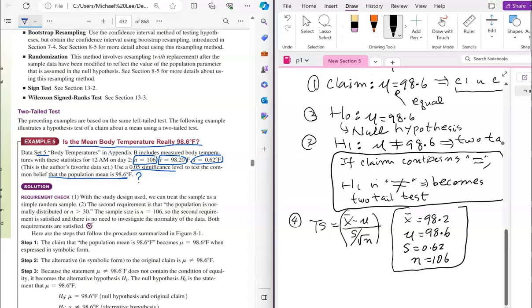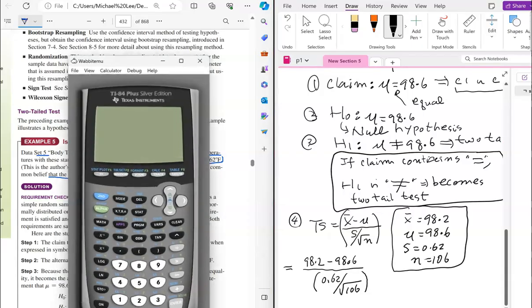You need this information. Now you find the test statistic: 98.2 minus 98.6, divided by 0.62 divided by the square root of 106.